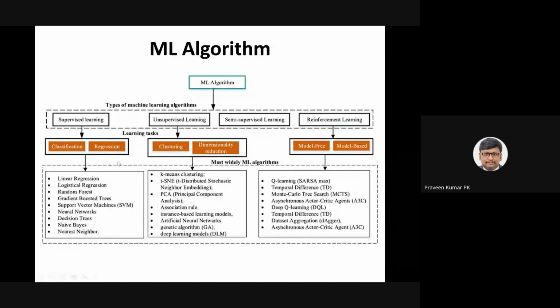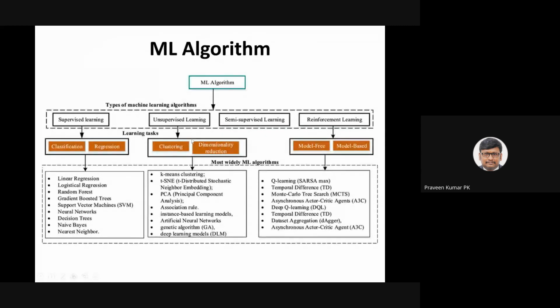And how to go for linear regression, how to link all this data in a linear relationship, y equals mx plus c. If it is linear regression, you find that kind of equation. There is also multiple regression. So in supervised learning, we can expect methods like linear regression, logistic regression, random forest, gradient boosted trees, support vector machines, neural networks, decision trees, nearest neighbor, etc.